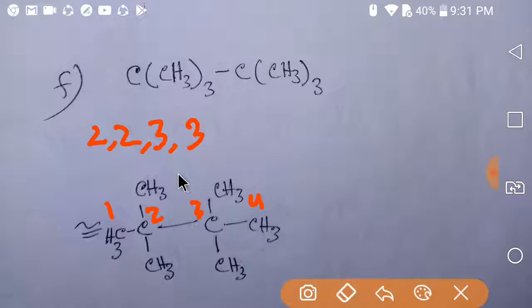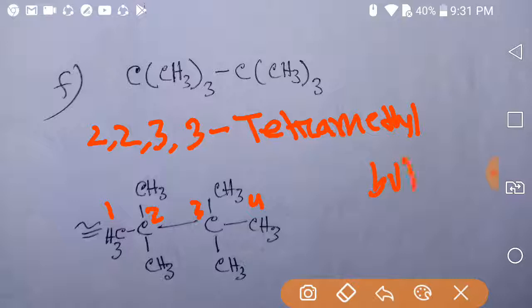So 2,2,3,3 tetra, right? Tetra means 4. Tetramethyl butane. Look here, there will be no gap here, but there will be a gap between the branches and the principal chain.